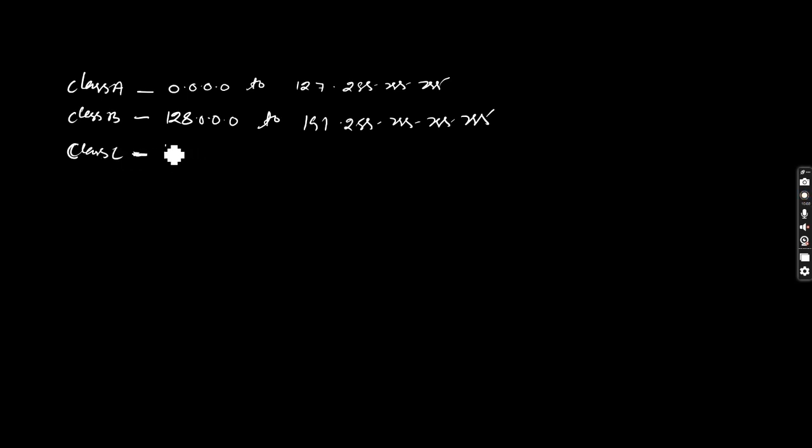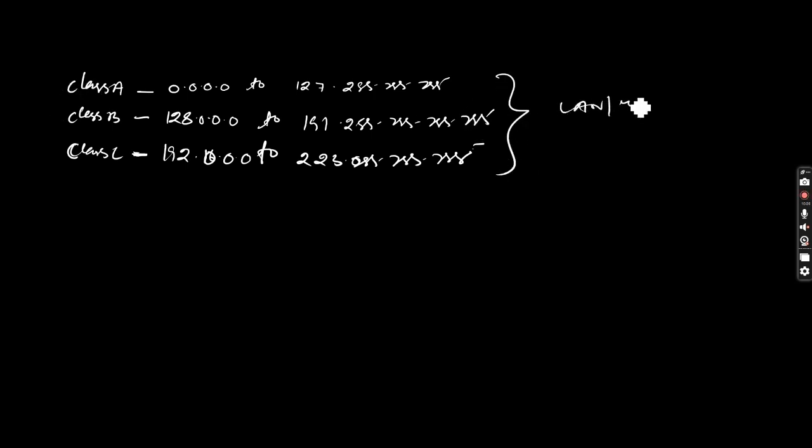Similarly, class C starts from 192.0.0.0 to 223.255.255.255, and this is basically reserved for LAN and WAN communications.